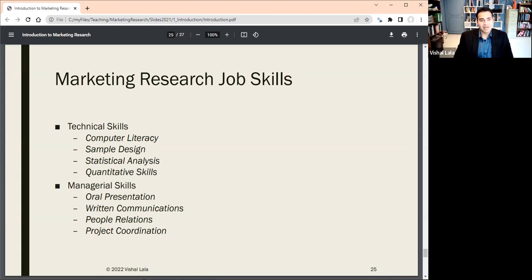This doesn't mean being a mathematician. It simply means being able to make sense of or interpret data derived from statistical analysis. We also expect marketing researchers to have good managerial skills, be good presenters, be good at writing and working with other people, and working effectively on projects.